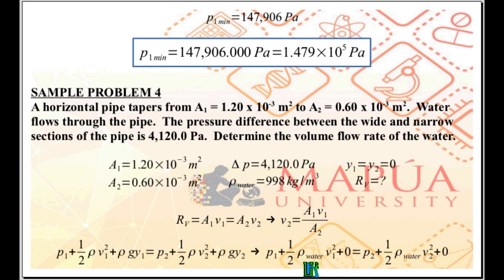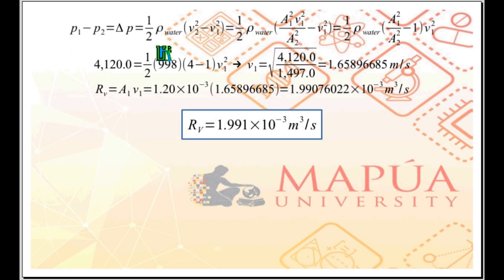So transfer 1/2 rho water V1 squared to the other side so that we are able to isolate P1 minus P2. And that will give you 1/2 rho water times V2 squared minus V1 squared.